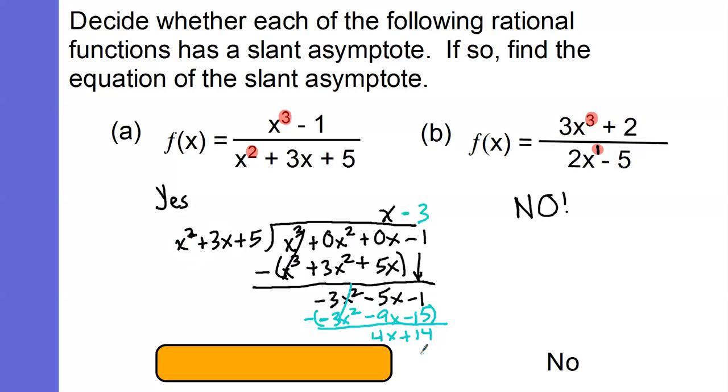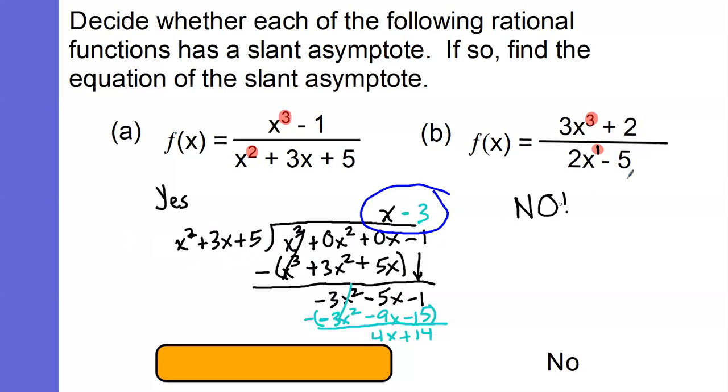And with this problem, we don't even really need that. So we know that if I divide x cubed minus 1 by x squared plus 3x plus 5, the exact answer with remainder would be x minus 3 plus 4x plus 14 all over x squared plus 3x plus 5. But the key here is this.